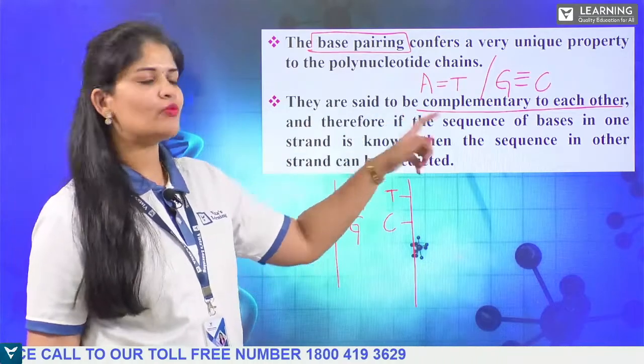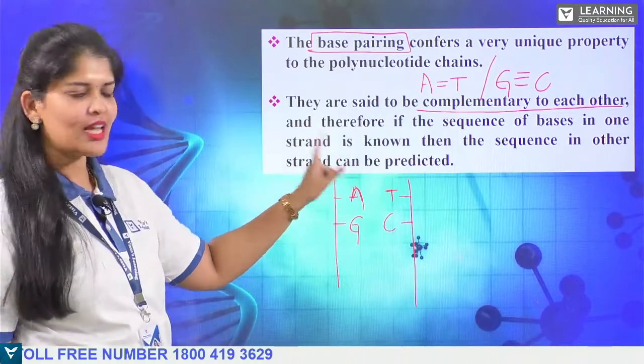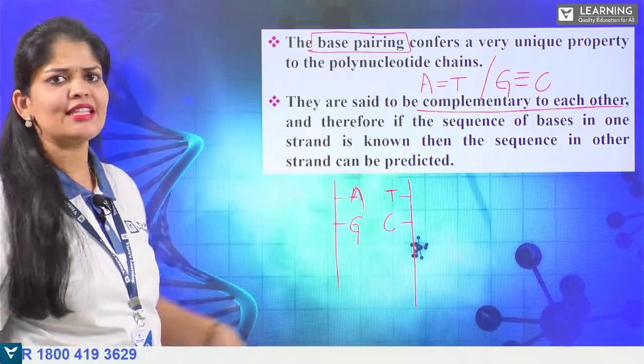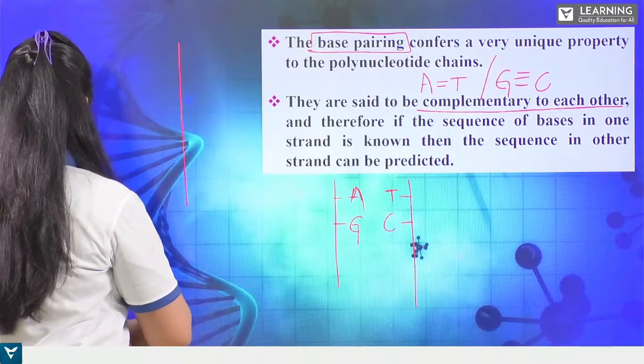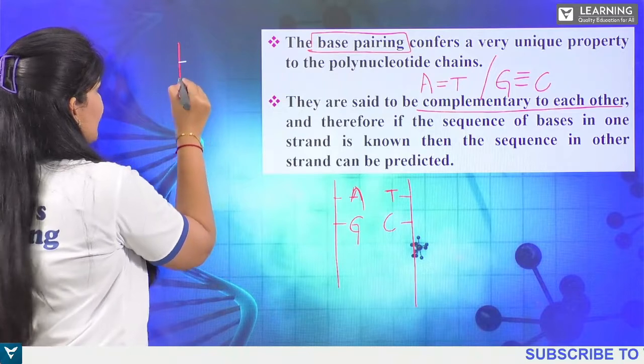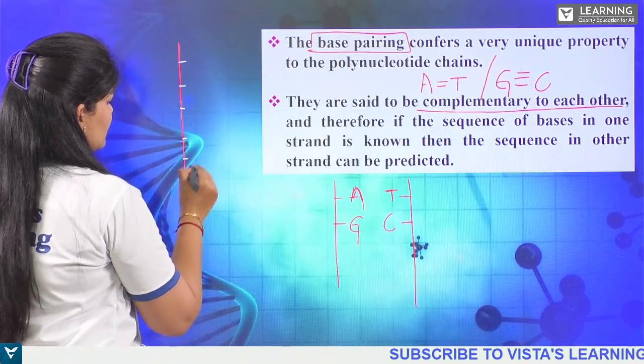And therefore, if the sequence of the bases in one strand is known, then the sequence on the other strand can be easily predicted. Yes, we can. See, for example, this is one strand.